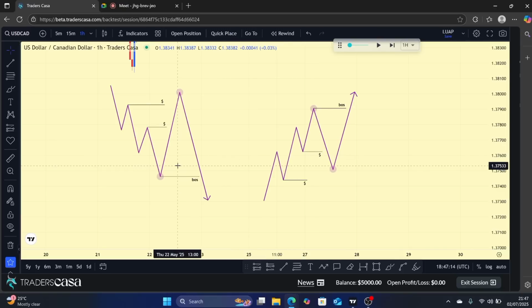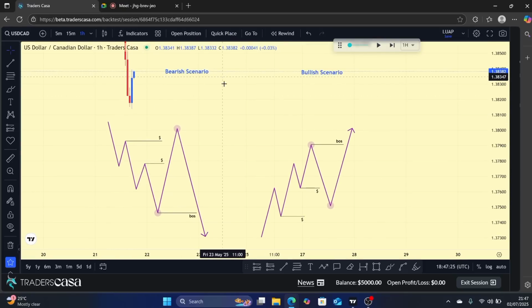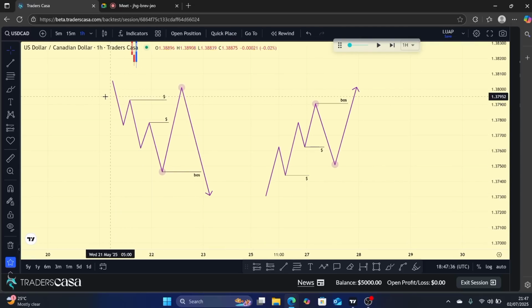All right, so a break of structure, whether a bullish break of structure or a bearish break of structure, in any way. In this case, I've marked it here, a bearish scenario. In this structure, which is a bearish scenario, you see that price has reversed right here. Price has been forming valid pullbacks to the downside, and then price reverses up.